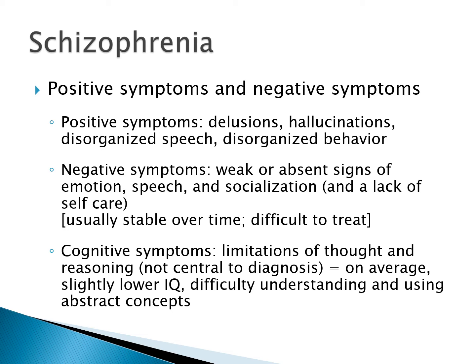But that split that schizophrenia was named after was really the kind of split between the intellect, the kind of cognition of what's going on, and the emotional reaction. And a lot of that comes from this kind of really blunted affect, or a lack of signs of emotion.